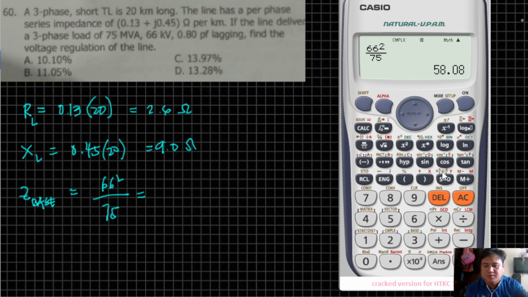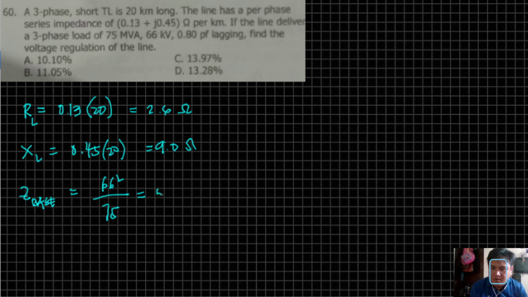So that would be 58.08 ohms. Therefore, percent resistance, percent IR, is equals to 2.6 divided by the base, 58.08.